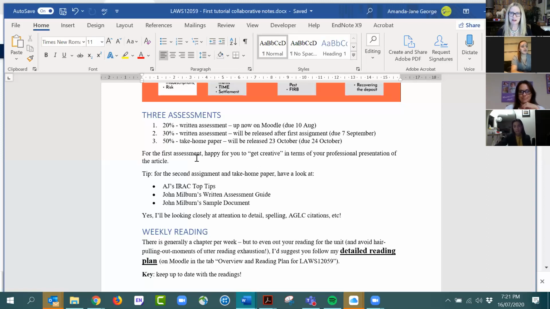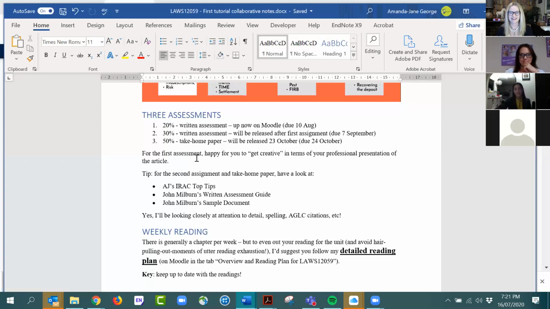I think it's running to about 12 pages now, maybe more. And I find that same top tips document is now popping up in a lot of other units as well. So I'm getting my tentacles out there.